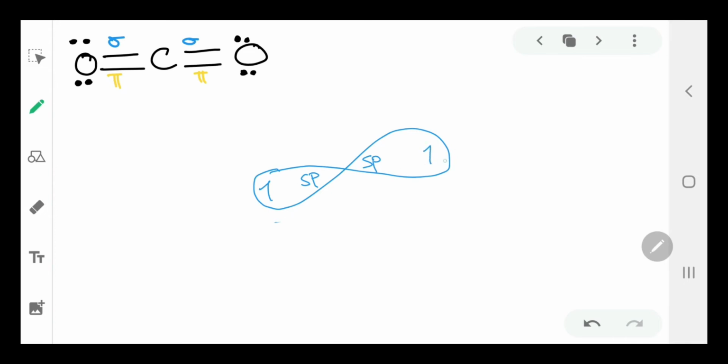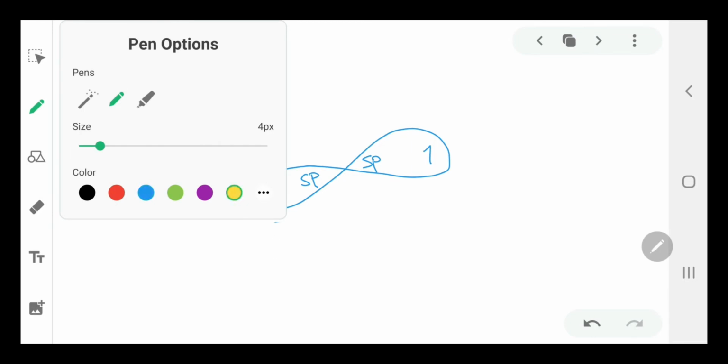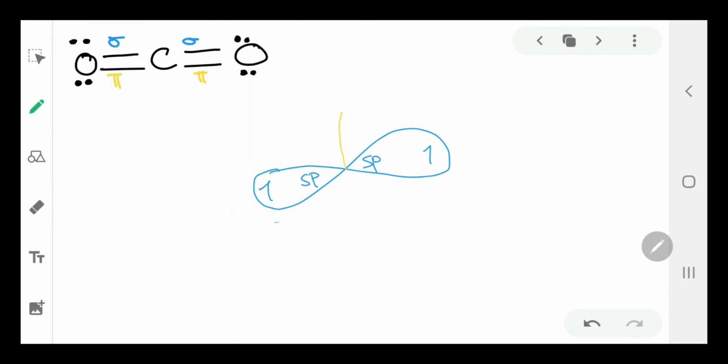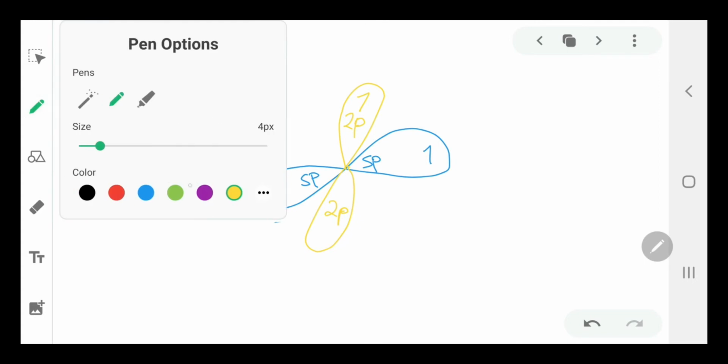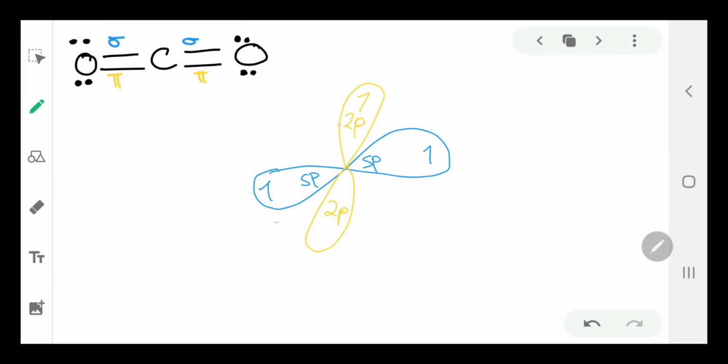So you have 1 unpaired electron each in the sp orbitals, and then remember, this is your 2p, the one that is unhybridized just now, 1 unpaired electron, and you have another one over here.